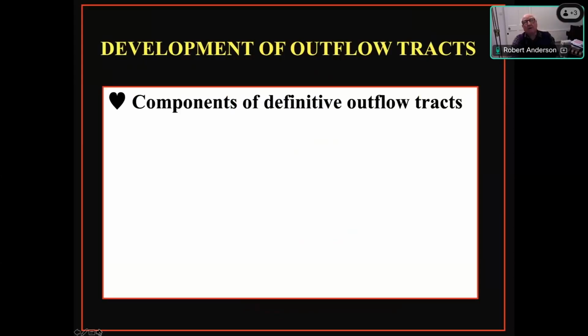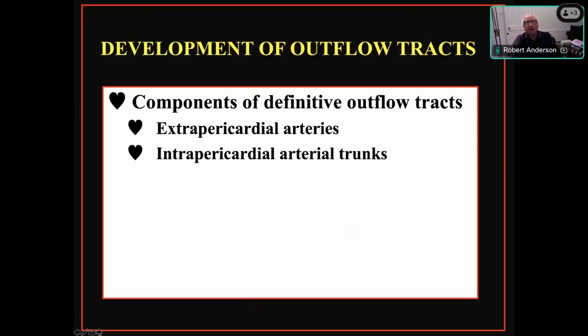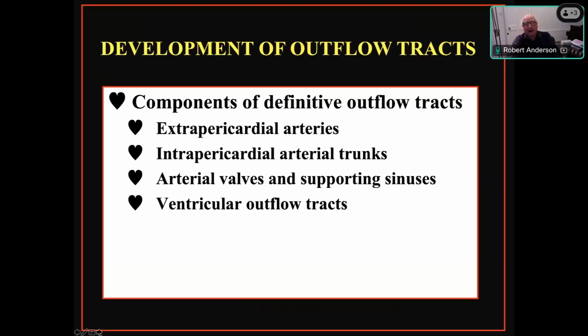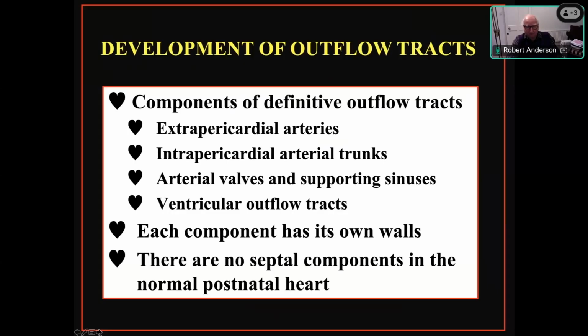So if we think of the components of the definitive outflow tracts, over and above the extrapericardial arteries, we have the intrapericardial arterial trunks. We have the arterial valves and their supporting valvar sinuses, and we have the ventricular outflow tracts. And in the postnatal heart, each of these components has its own walls.